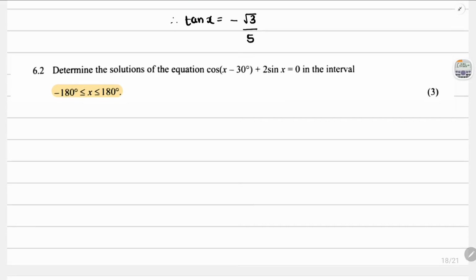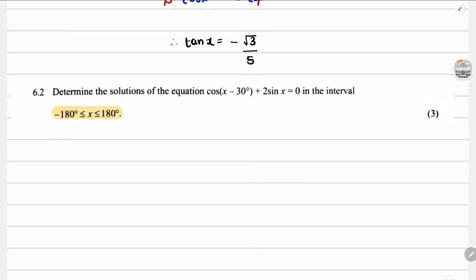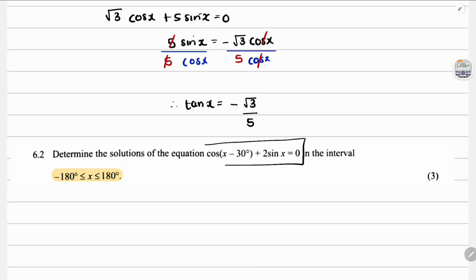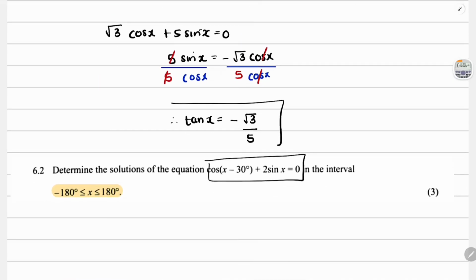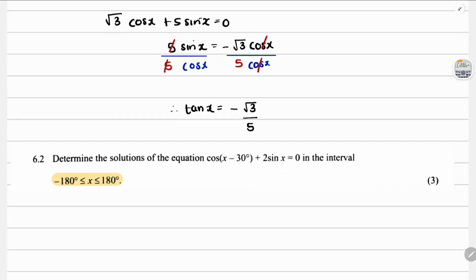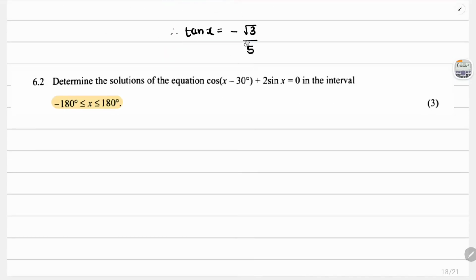It's really like general solution. Because we've already simplified this equation that we had here to this, we can just work on that. So we're really just trying to find, first of all, the general solution of this equation, and then we're going to go ahead and find those specific x values within this interval.